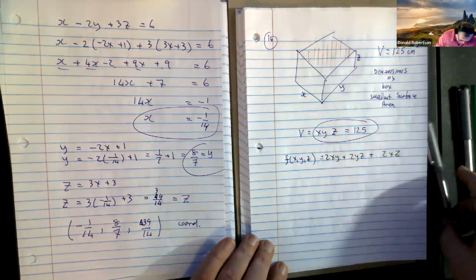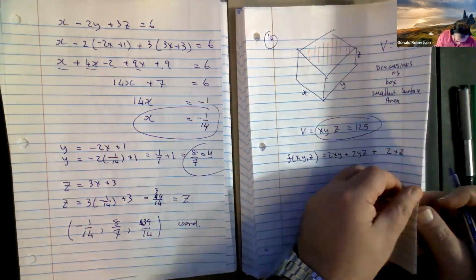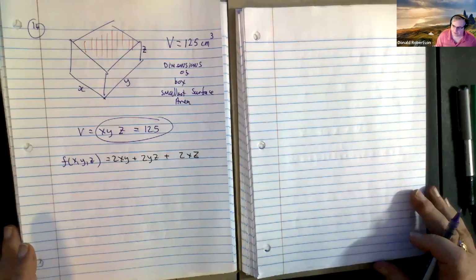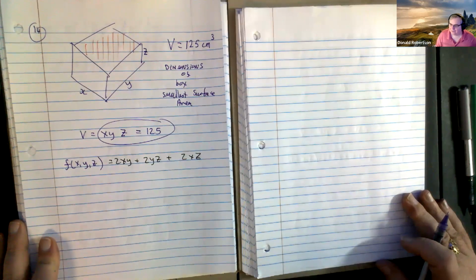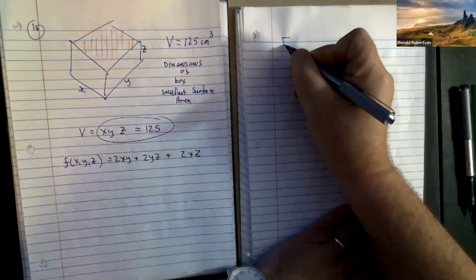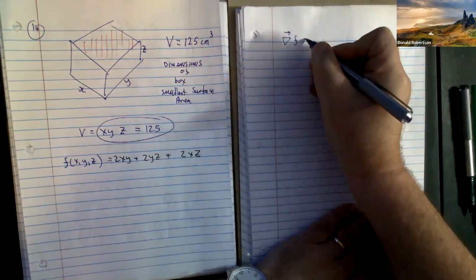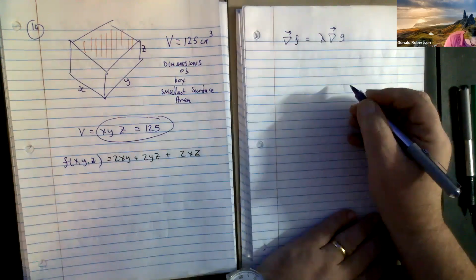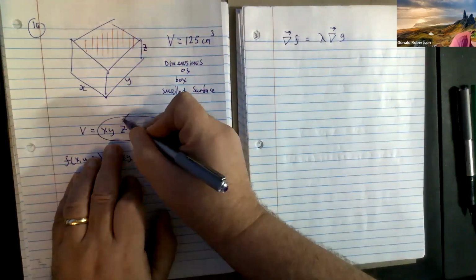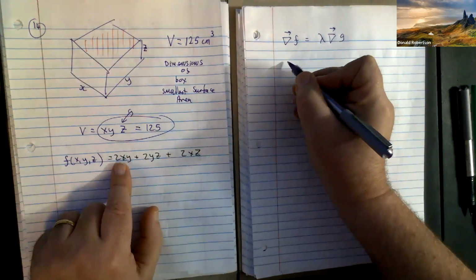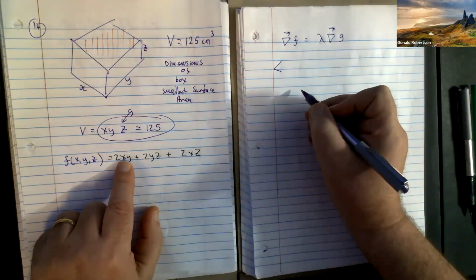Okay, then we are ready to rock and roll. You all know this is going to be a cube, don't you? But we're going to prove it. The gradient of f is lambda times the gradient of g. So that guy there is basically our constraint function. So differentiate this guy with respect to x.